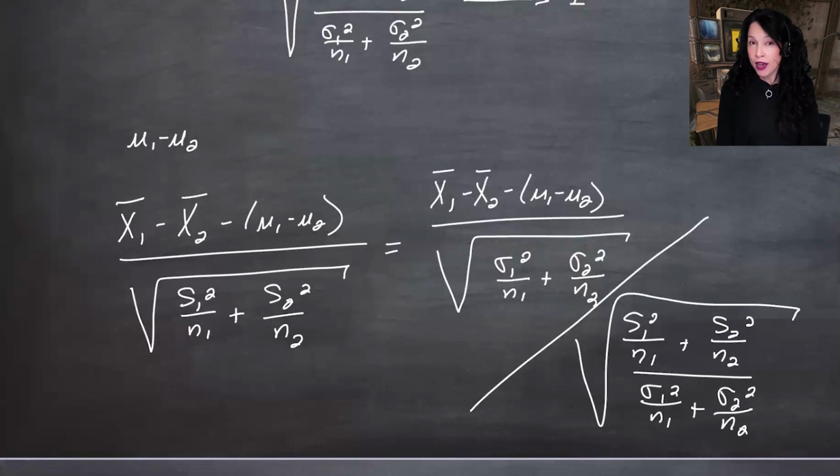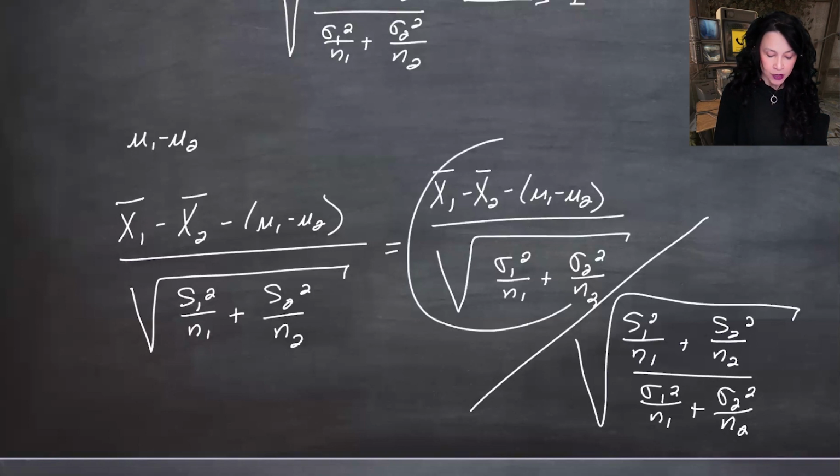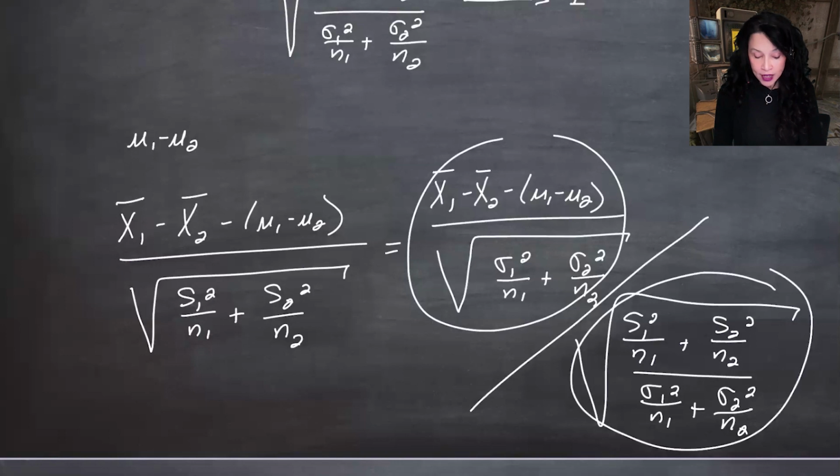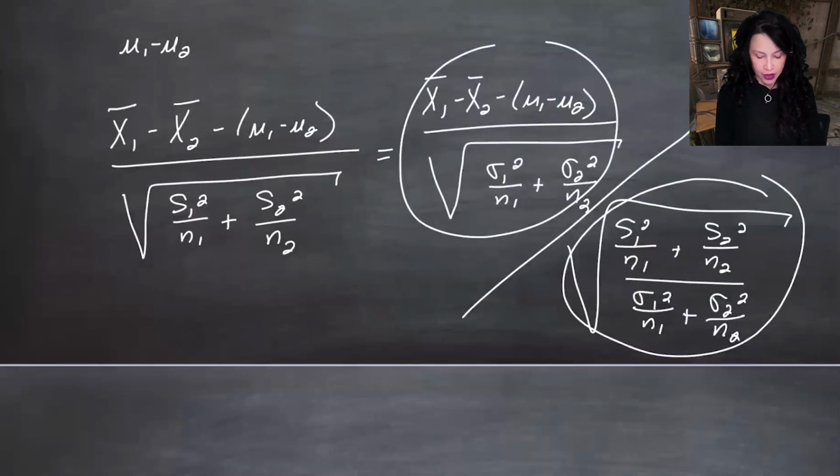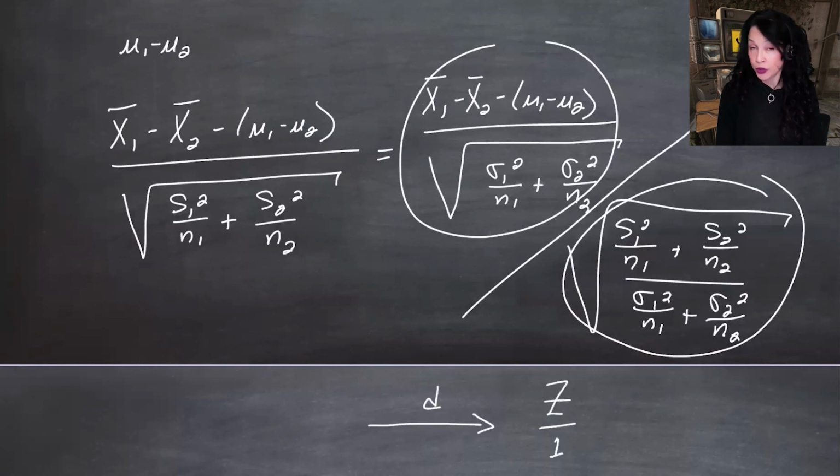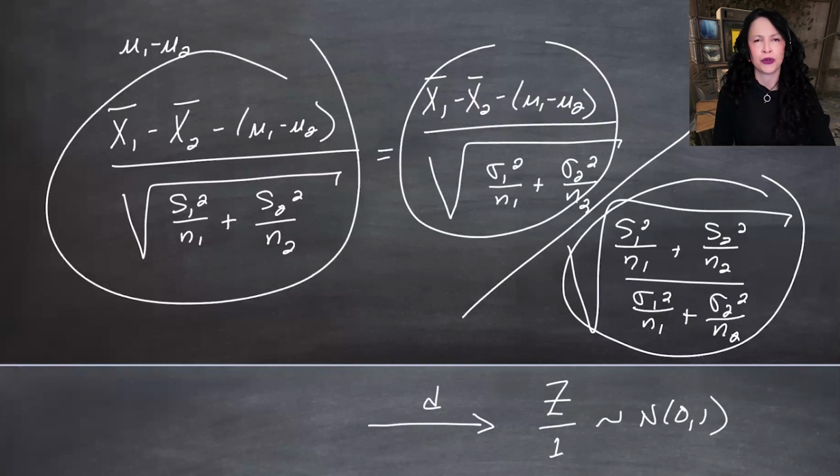So if you do have normality, then this is a normal 0, 1. And if we show that this goes in probability to 1, that's how we can formally say the whole thing converges in distribution to a normal 0, 1 divided by 1 using Slutsky's theorem, and that would have a normal 0, 1 distribution. So that is the formality behind saying, oh, this acts roughly like a normal 0, 1, which we didn't show. We just said it's roughly like that, so we put it between two z critical values.